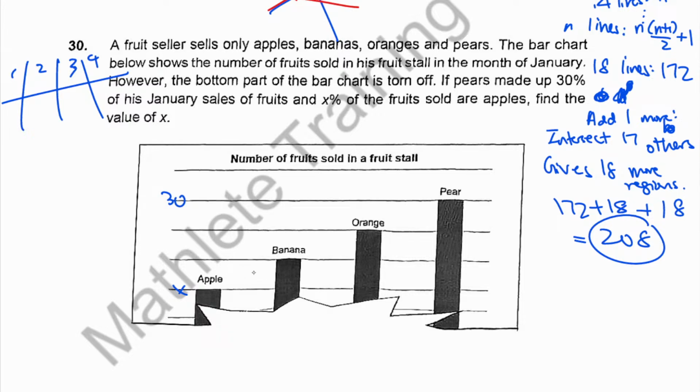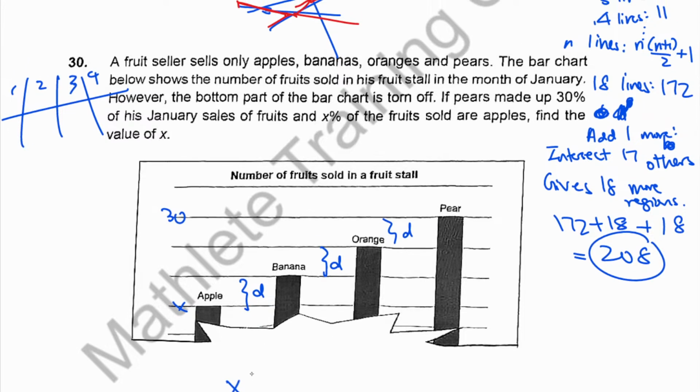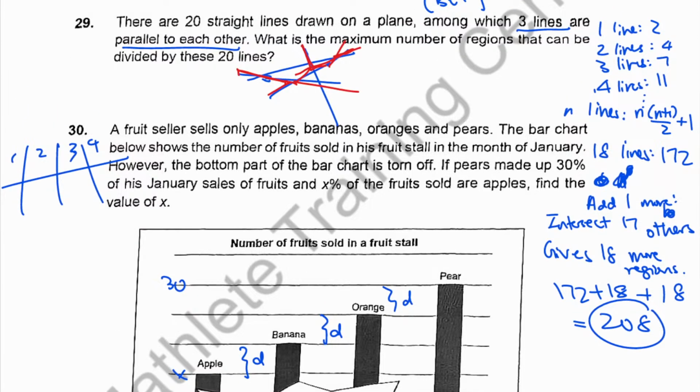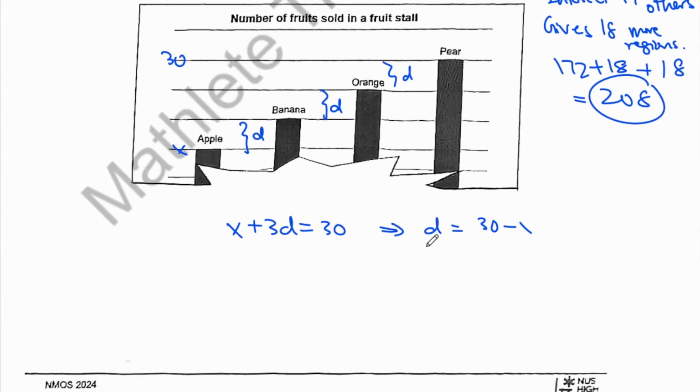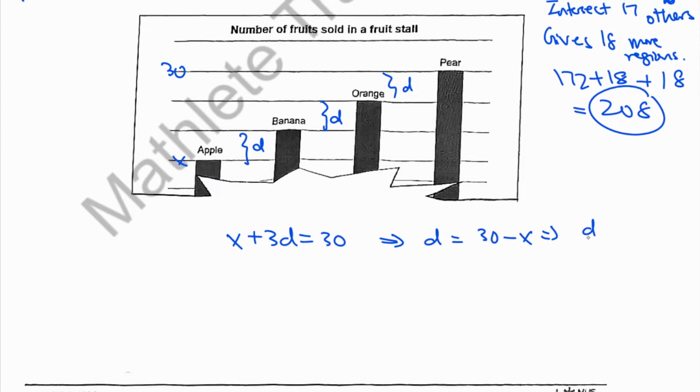Let's say the difference is d, right? Then x plus 3d is equal to 30, that means that d is equal to 30 minus x over 3, which is equal to 10 minus x over 3.